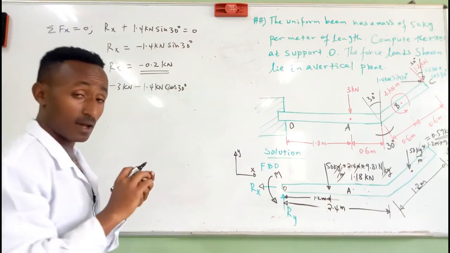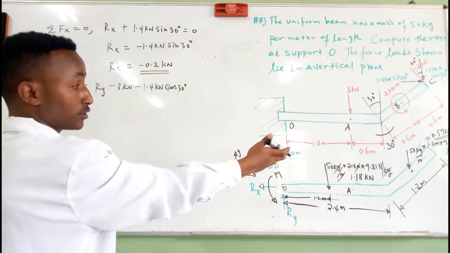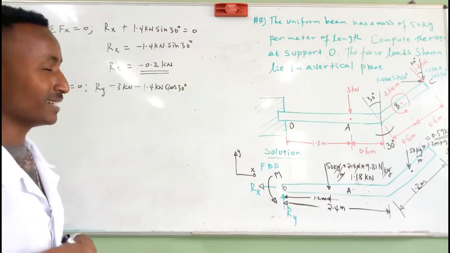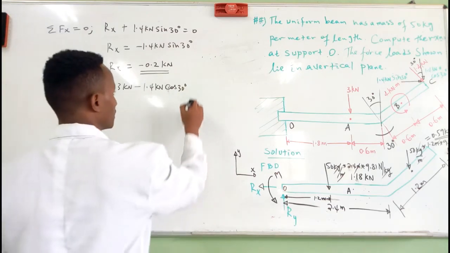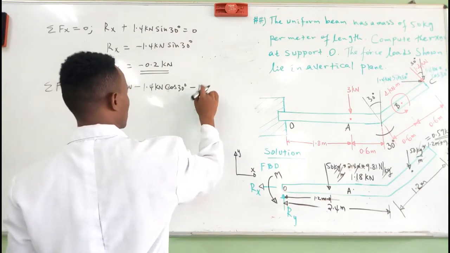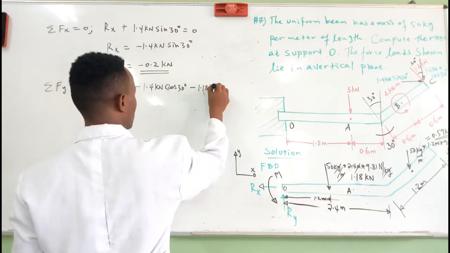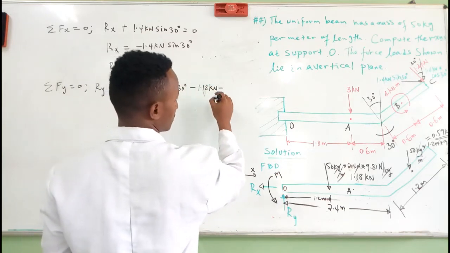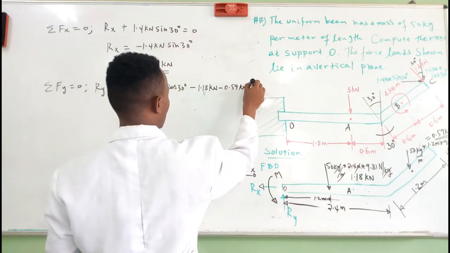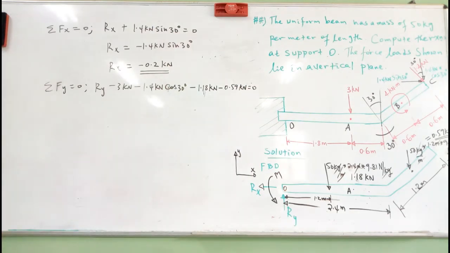The other one is the distributed load, which we convert into a concentrated load. So it becomes minus 1.818 kilonewton minus 0.5 kilonewton equal to 0. So from this equation we can solve for Ry.